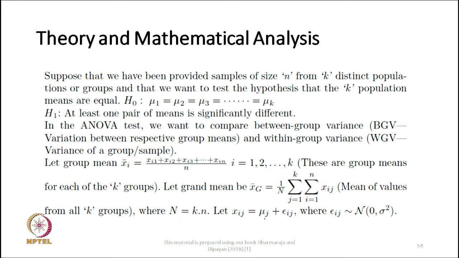That means we have taken a sample of size n from each of the populations, and we have k such populations.